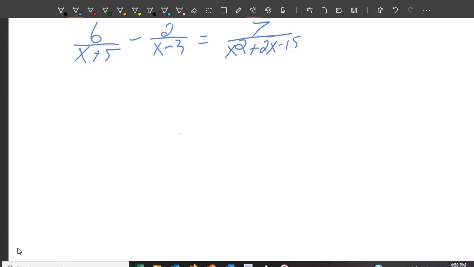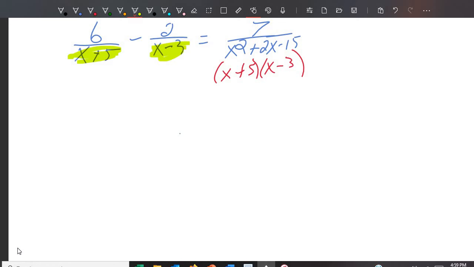Alright. I want to do one more example. And this one we're going to have to factor first. How do I know we got to factor it? Because it's got an X squared in it. Alright. So before I do anything, let's go factor this trinomial. And here's the good news. It's going to factor into these two binomials. It's designed to do that.